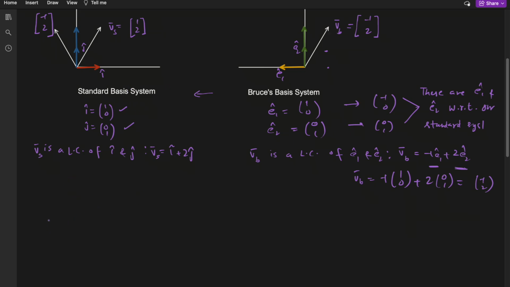Okay, so this VB, which is -1 comma 2, right? So we already know the basis set of Bruce's system with respect to our standard system. All right.